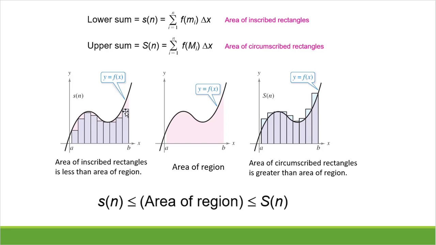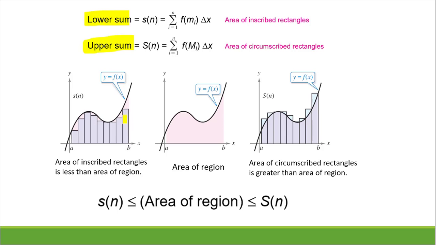So with a lower sum you're under, with an upper sum you're above, and the area of the region is somewhere in between. What the book has us doing is a whole lot of algebra to find this lower sum and upper sum, and eventually we're going to be using this concept of limits to get the actual value. And then in a few days I'm going to teach you a shortcut.